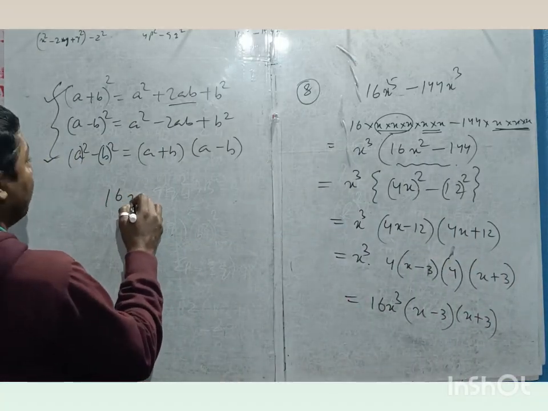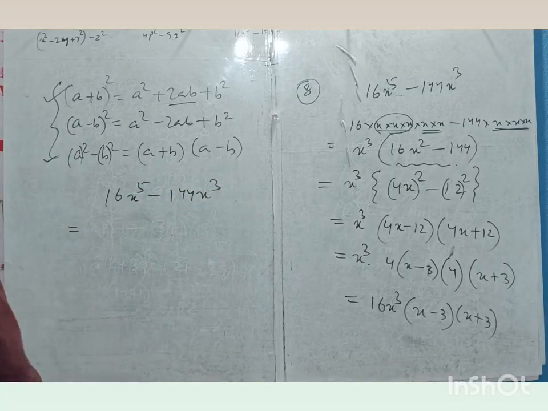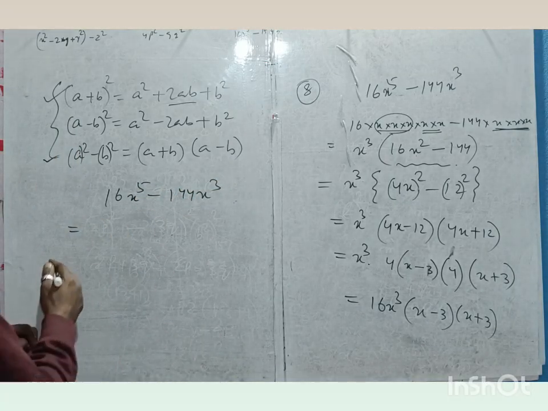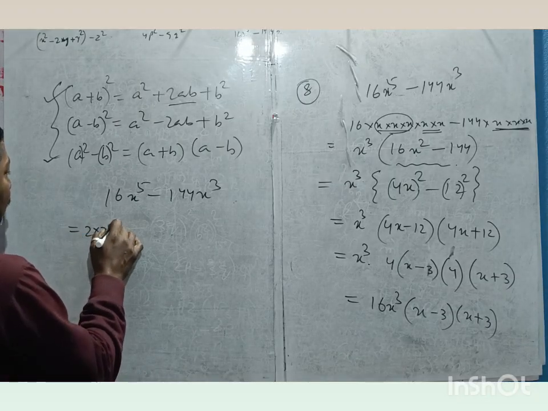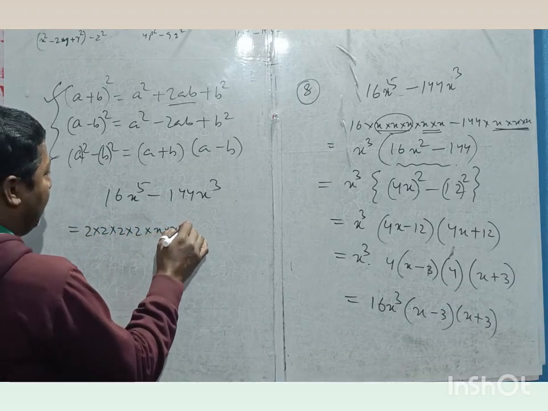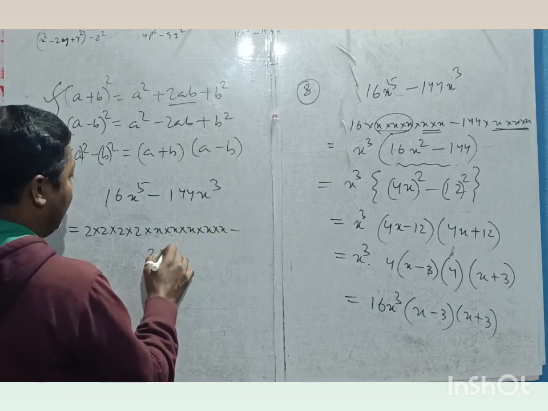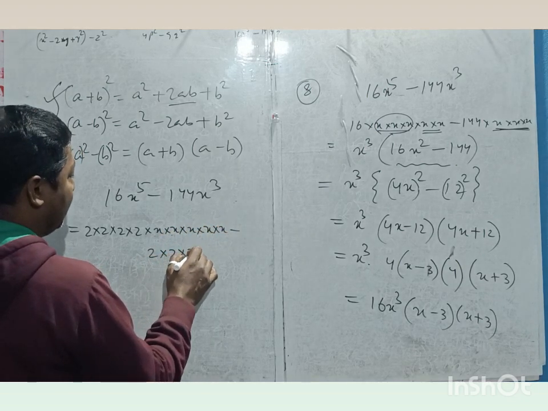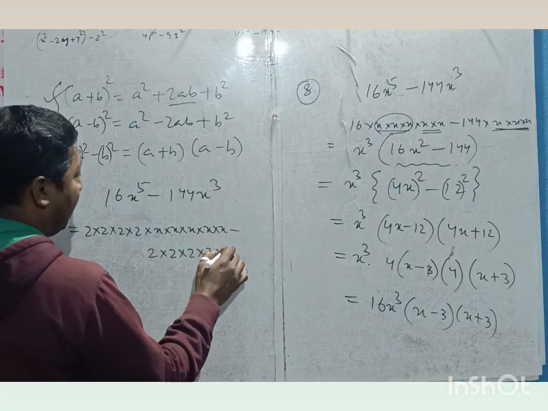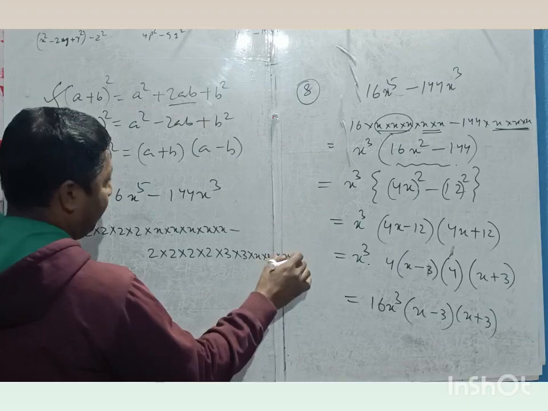16x^5 minus 144x^3. Okay. So what can be taken? 2 into 2 into 2 into 2 into x into x into x into x into x, minus 2 into 2 into 2 into 2 into 3 into 3 into x into x into x.